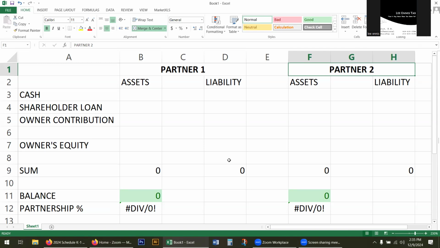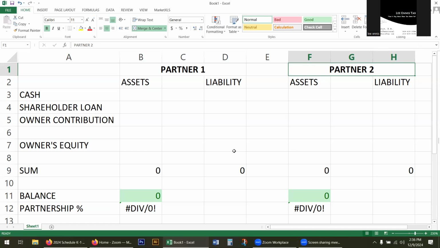But in so many cases, you have to understand the accounting to understand how to answer that. And my answer was simple: whatever percentage of the total assets this person has contributed, that is a fair number for the contribution for the partnership.